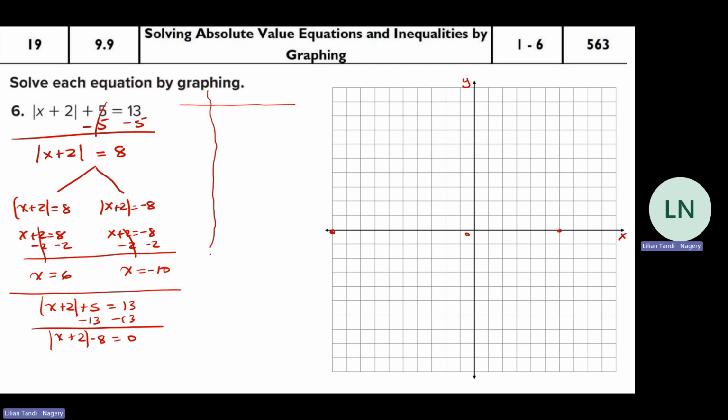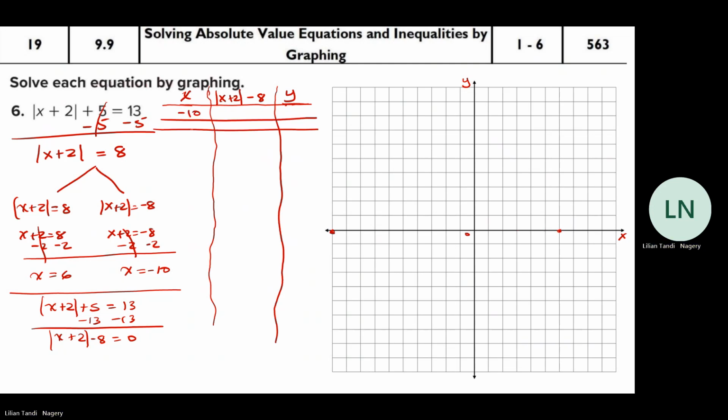And you have to start at negative 10 because that's your solution. So your x number is determined by the axis, x-axis. Okay, so here you have absolute x plus 2 minus 8.